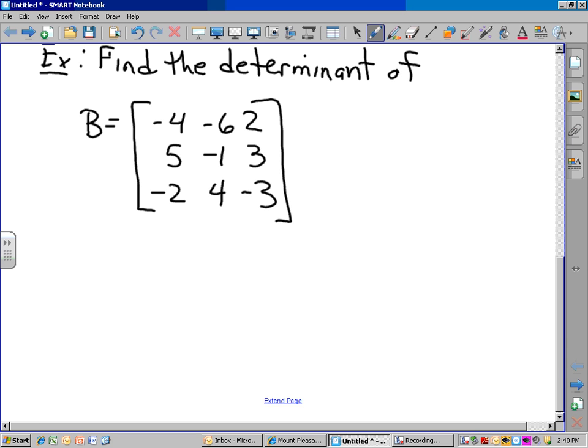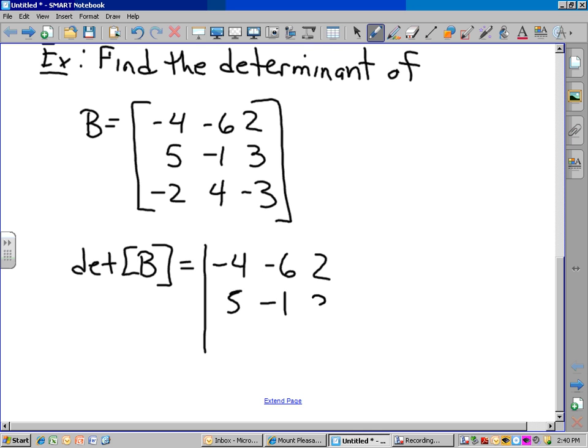Again, if we want to do the determinant of B, negative 4, negative 6, 2, 5, negative 1, 3, negative 2, 4, negative 3.